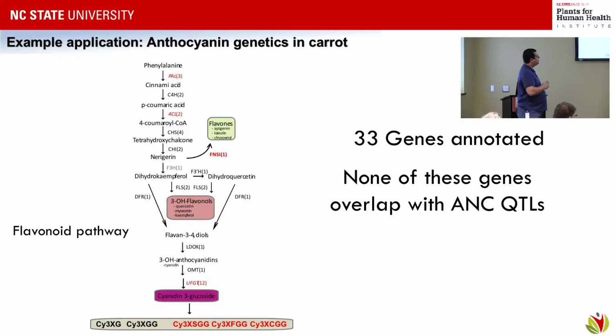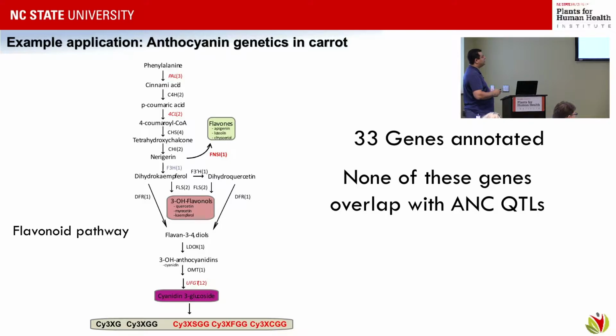If we look at the P3 region, there were 33 genes annotated, and none of these genes were overlapping with the anthocyanin QTL, indicating that they're not playing a role in the anthocyanin accumulation.